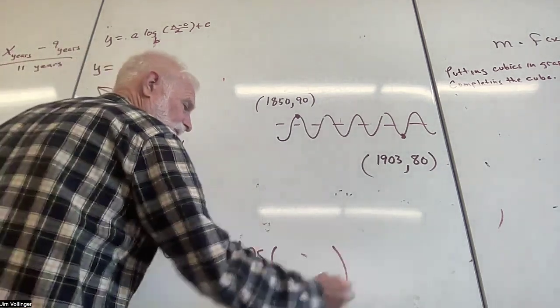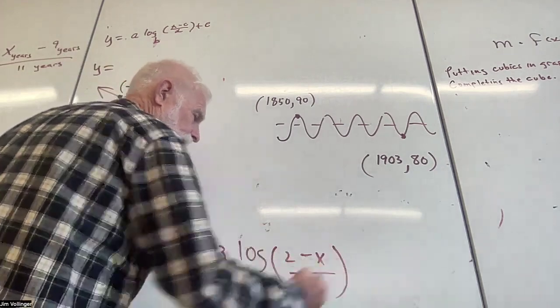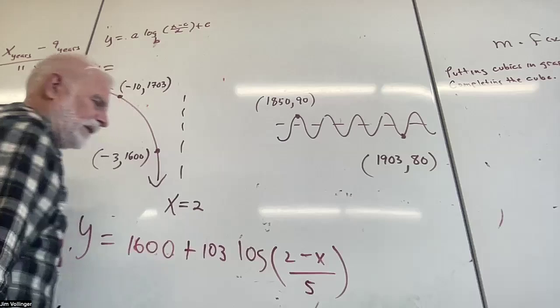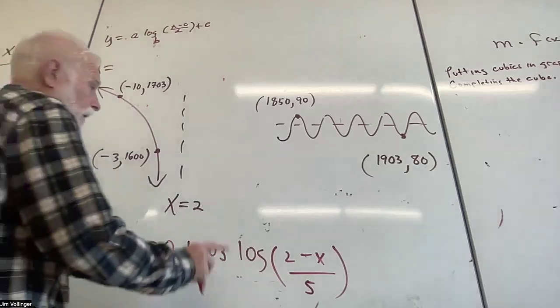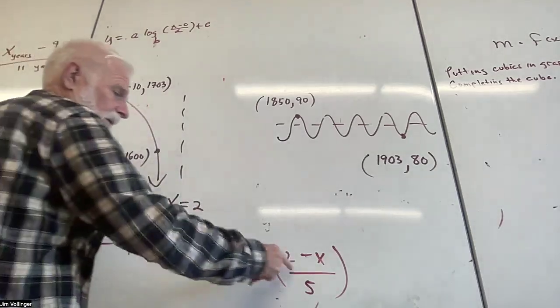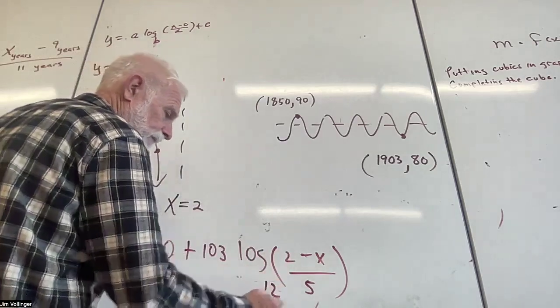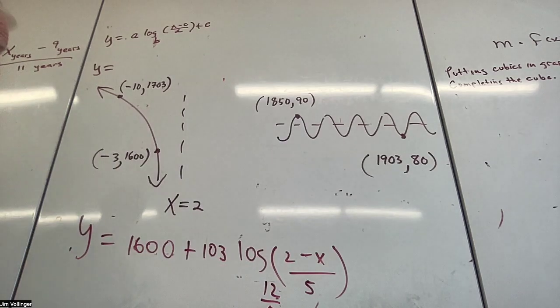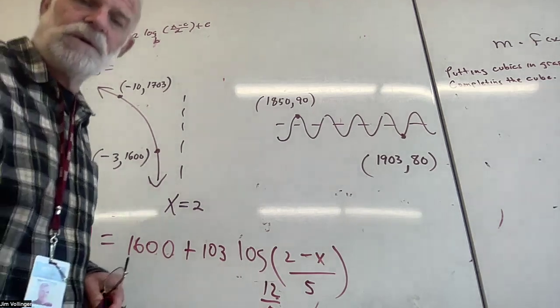So why don't I write it backwards? 2 minus x. Now when I drop it to -3, I got 5. So let's divide by 5, make log 1, which is 0. And now I'll drop in a -10, and I get 12/5. I got a feeling if I put this equation in, Desmos is going to graph that for me, or some calculator, whatever you're working with.